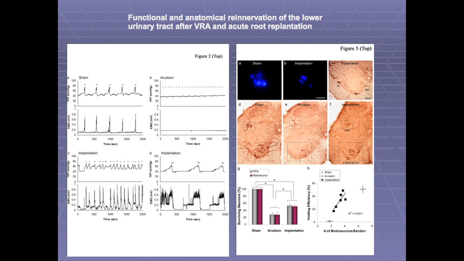So what we see here to the left in the upper portion are normal traces from bladder contractions, and the lower part here is EMGs, and these are synchronized, normal contraction cycles in the rat undergoing a urodynamic examination. This is your normal, but this portion here with a flat line is after a bilateral injury to the Cauda Equina, when we have avulsed bilateral lumbosacral roots and disconnected the spinal cord from the visceral organs.